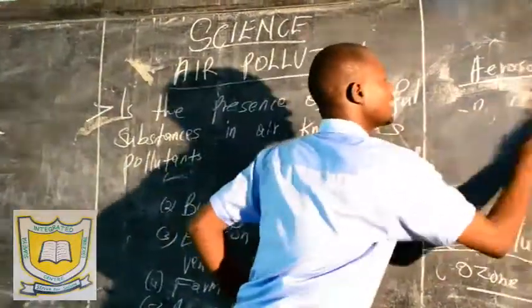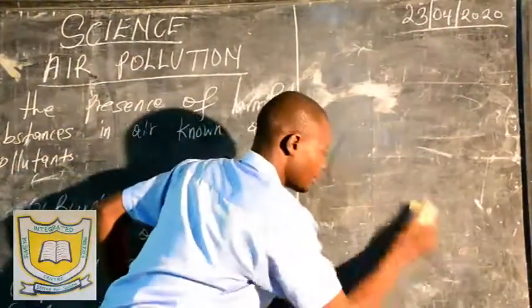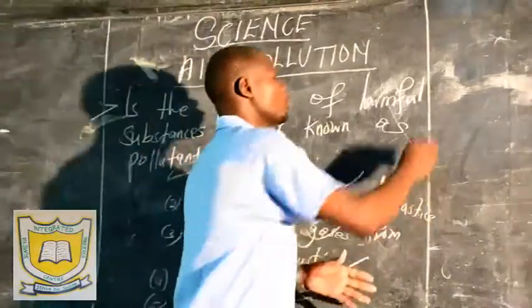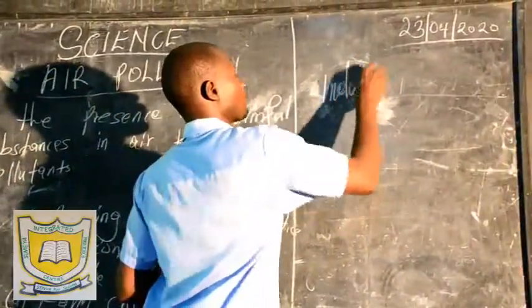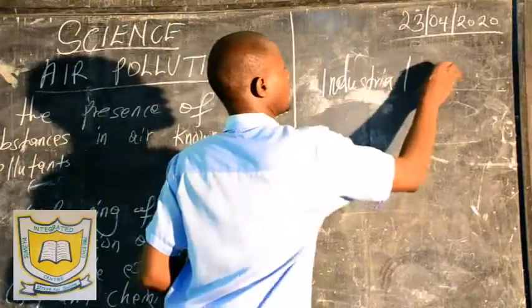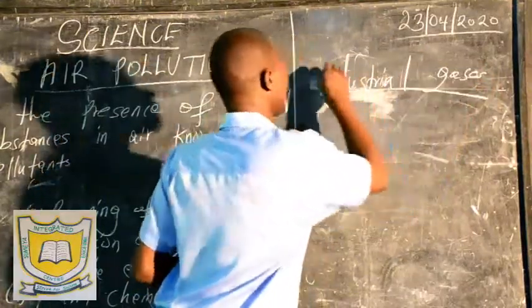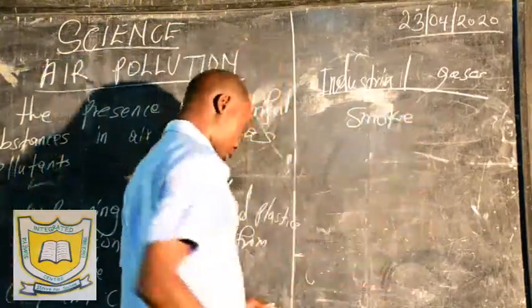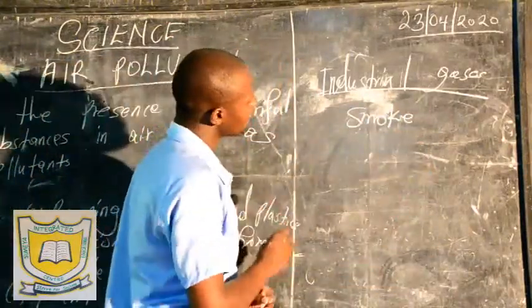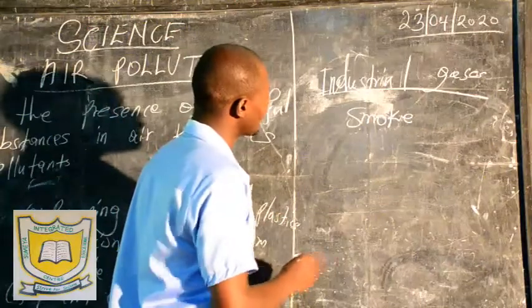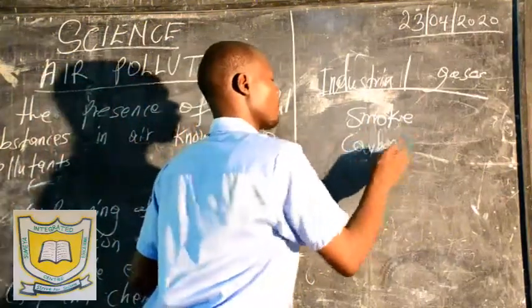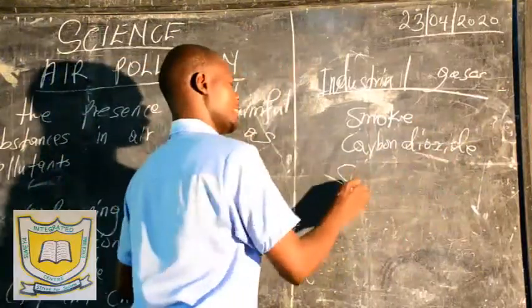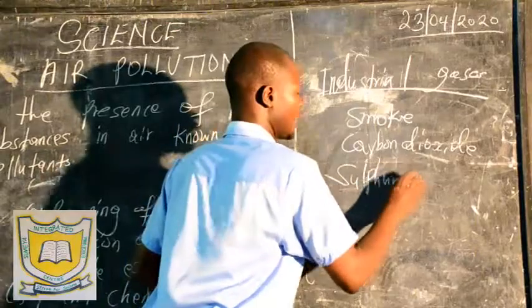Then lastly, let us talk about the industrial gases. The industrial gases produce smoke, carbon dioxide, and sulfur dioxide.